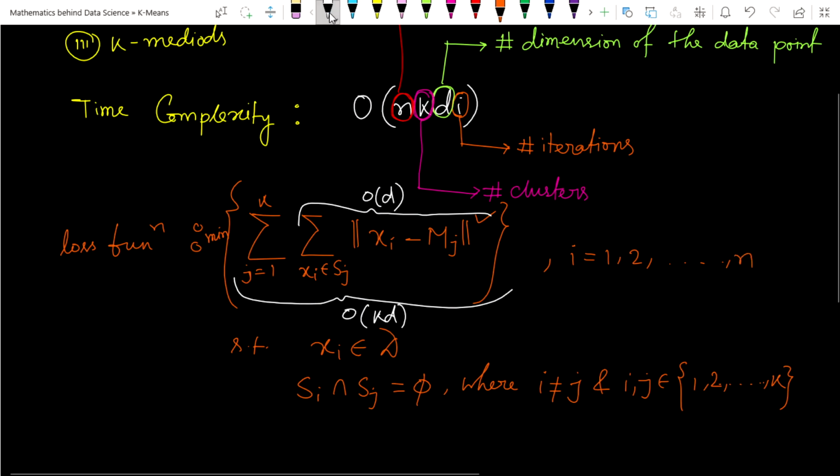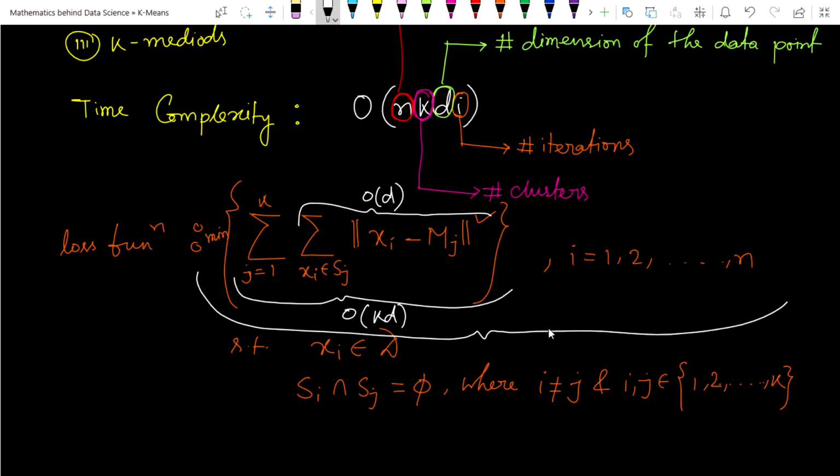To compute all of these, we need order of n k d.